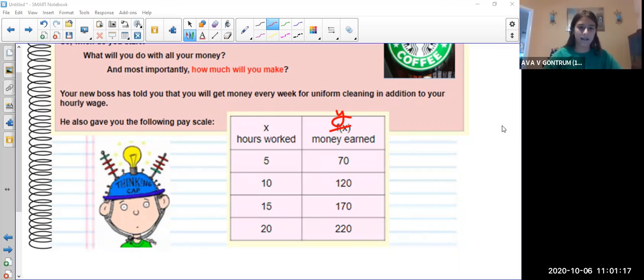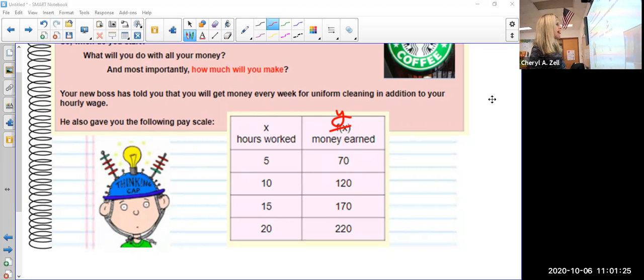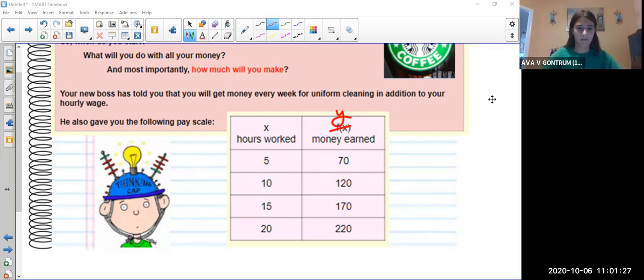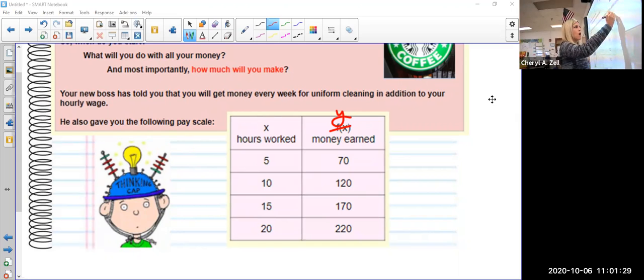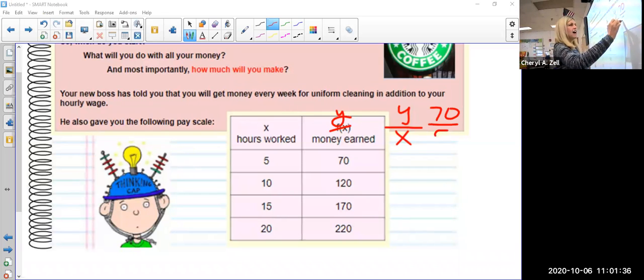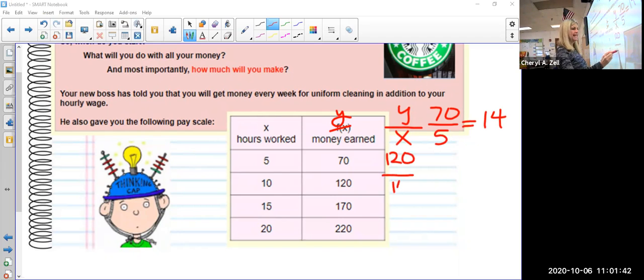I divided 70 by 5 and I got 14, and then I divided 120 by 10. You mean 70 divided by 5? Yes. So remember, if you take y over x, 70 over 5, that's going to equal 14, right? If I take 120 over 10, what do you get?